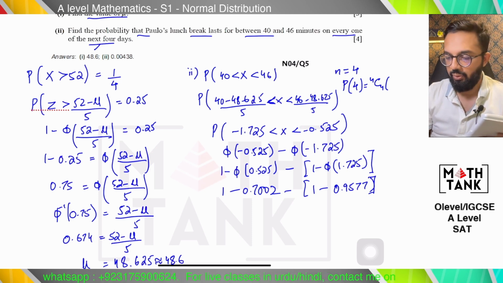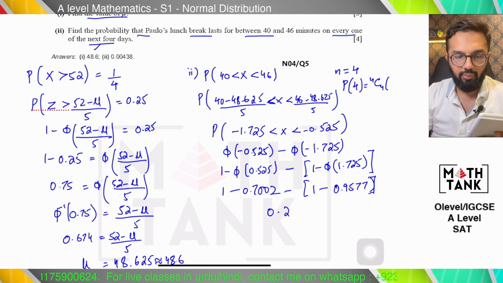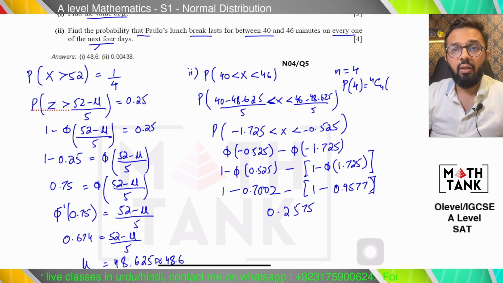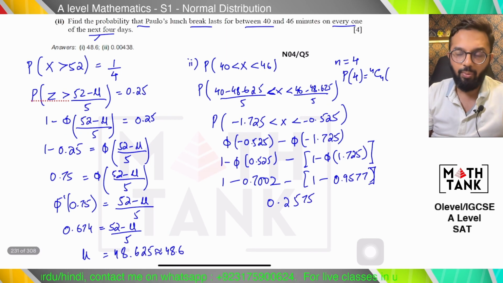So I'm getting 0.2575. Remember that that's the success for one day.